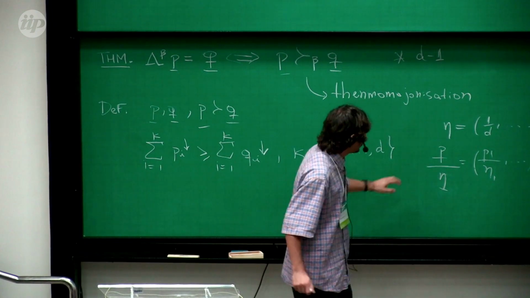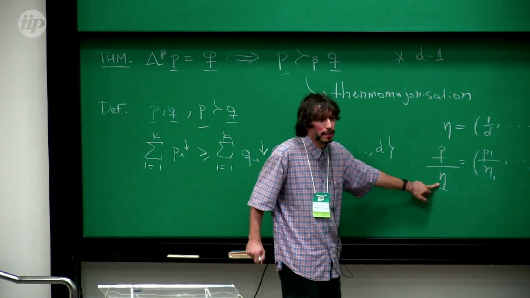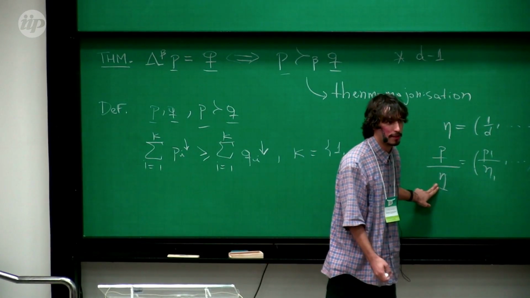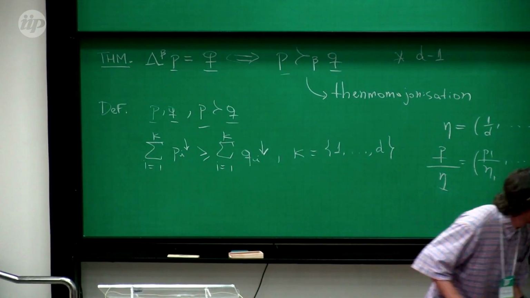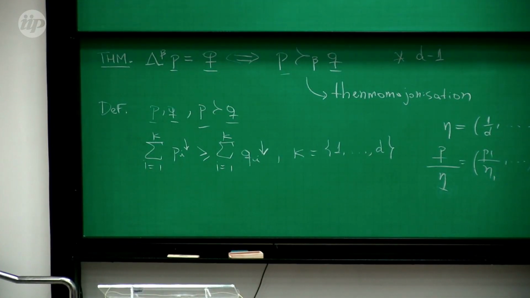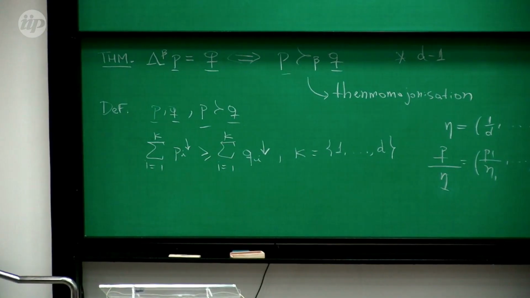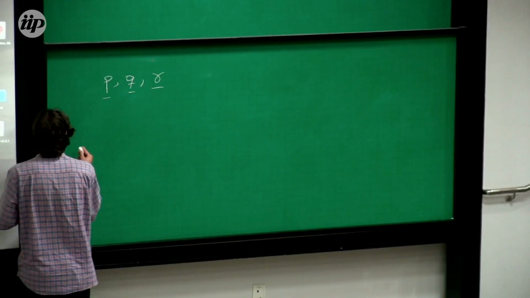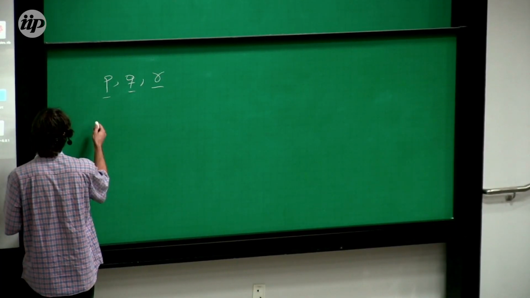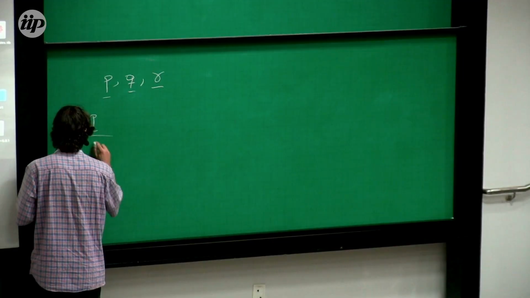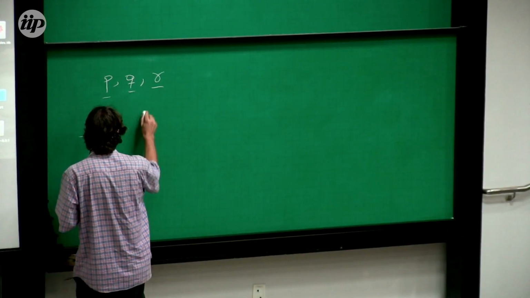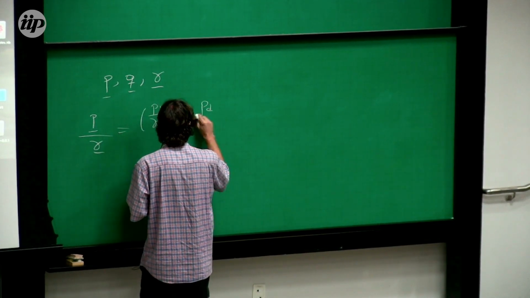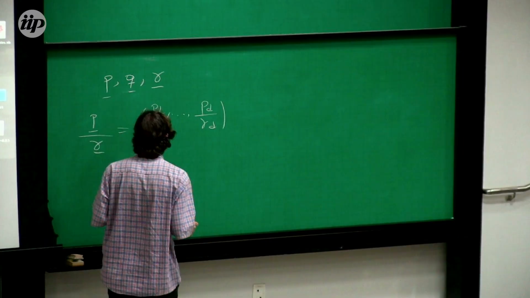Well, for thermal majorization, instead of dividing by eta here, we will put the thermal distribution. And then we order in non-increasing order. So let's suppose that we have P, we have Q, and we have our thermal distribution gamma. First, we consider this beta rescaled version where we take P, take the ratio with gamma, so we have P1 over gamma 1, PD over gamma D. Now things will be different, right?